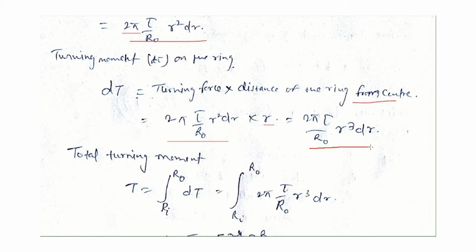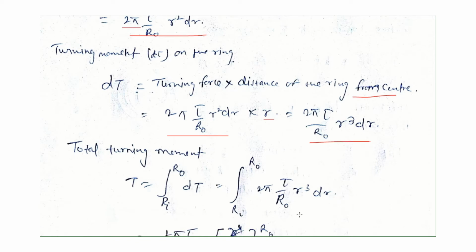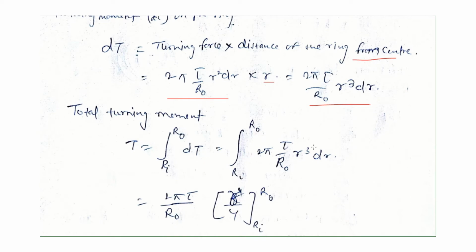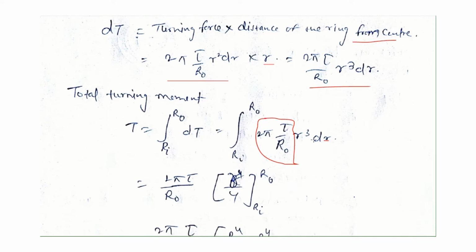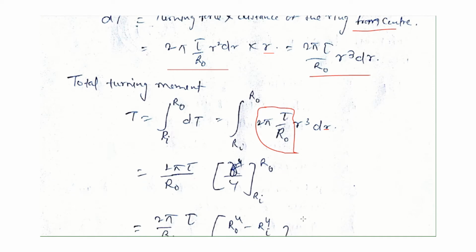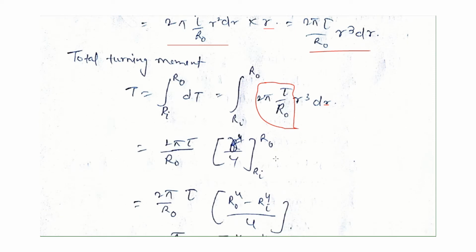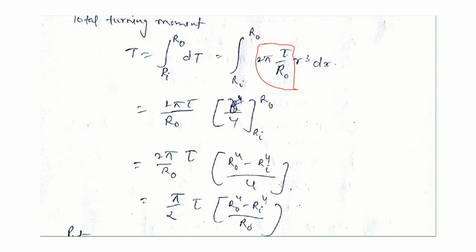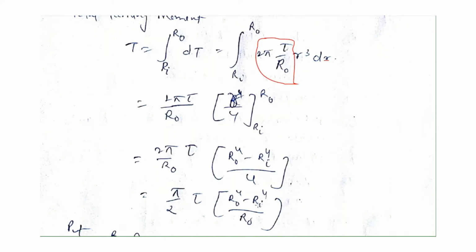So here is dT. We integrate this term; the constants stay out because we integrate with respect to small r. So the integration of r cube is r to the power 4 by 4, with limits r inner to r outer. We put the upper limit minus the lower limit.